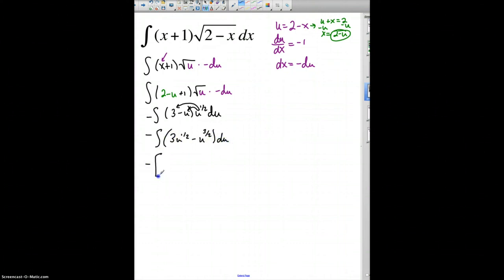So the antiderivative of 3u to the 1/2 is 3 times, add 1 to the exponent, divide by the new exponent, minus u to the 3 halves, adding 1 to the exponent becomes 5 halves. Dividing by 5 halves is the same as multiplying by 2/5. And that's plus c. Brackets are for that negative that's going to be distributed in there. Okay, we can do a little bit of canceling here.